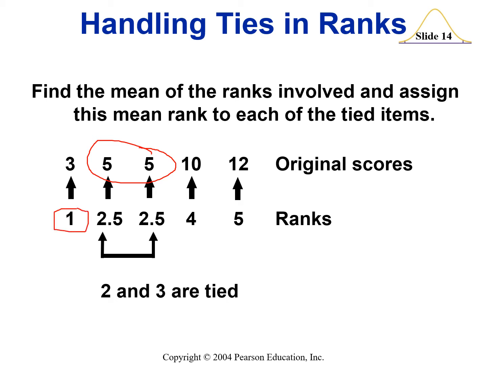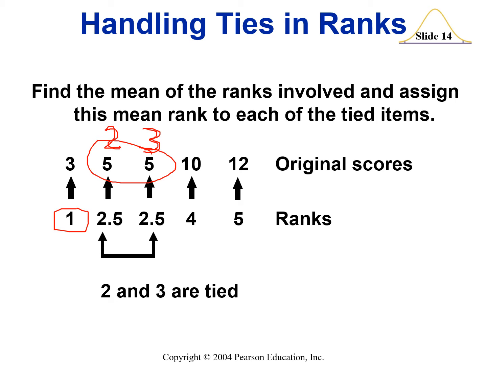The second is rank 2, and the third should be rank 3, but because 2 and 3 are the ranks for the same value, we obtain the mean of the ranks and assign the mean to each.